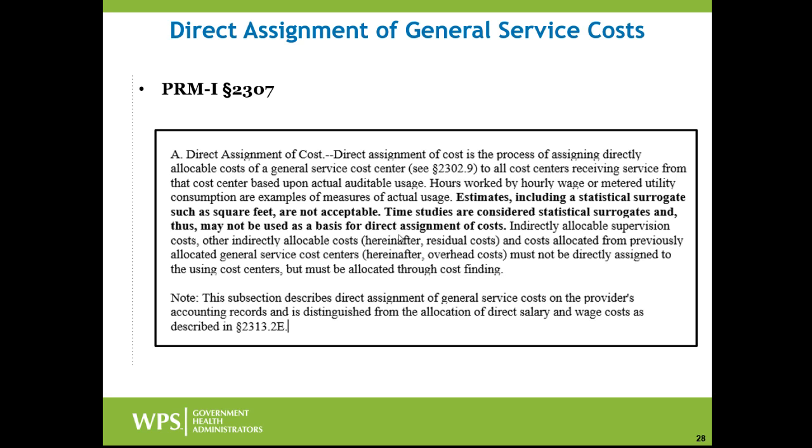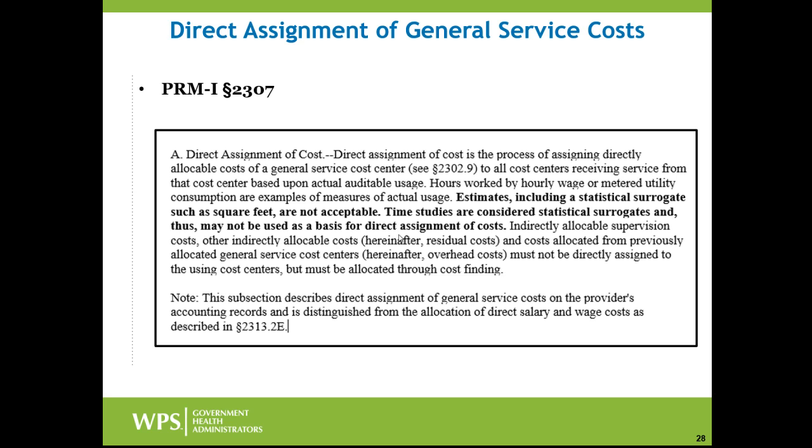Any sort of estimate, they talk about statistical surrogates like square feet, they're not acceptable because that goes right back to the whole reason we're using step-down allocation anyways. That should have been reported in a general service cost center and stepped down using that square footage.